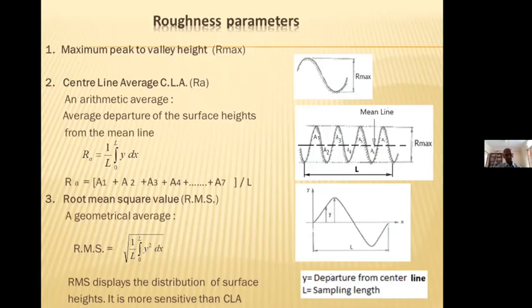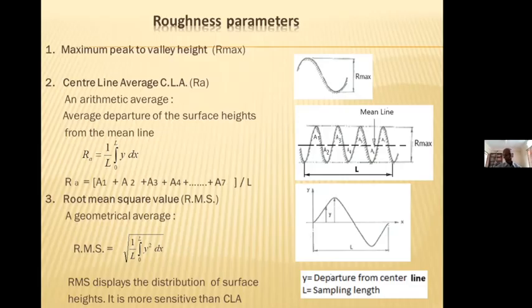The first one is valley to peak to valley height. As we discussed earlier, there will be peaks and valleys in the surface due to machining, and the total distance between the peak and the valley is called R max.